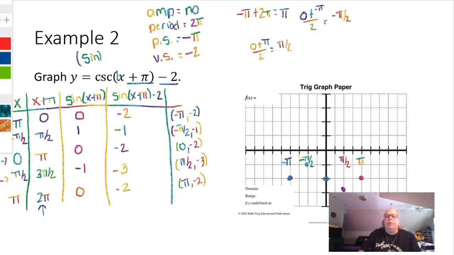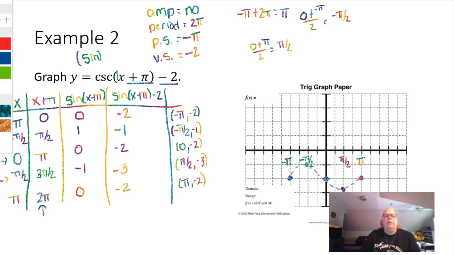Let's put it in here in gray. My sine curve is going to do something like this right here. All right, now let's go back and put the secant in there. When the sine is equal to 0, the secant is going to be undefined.